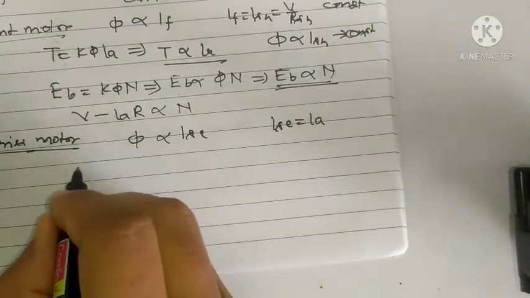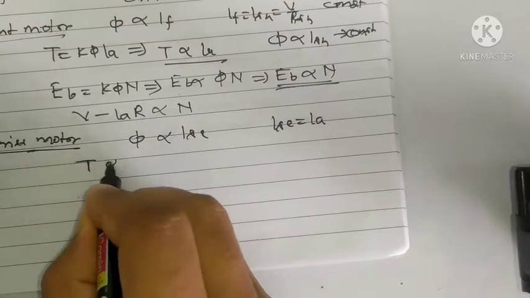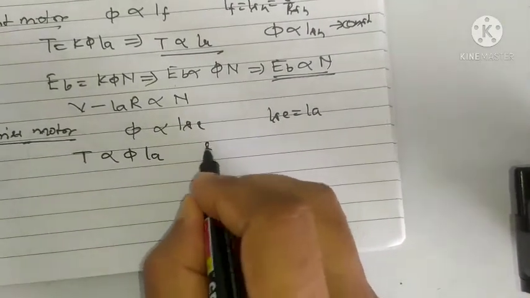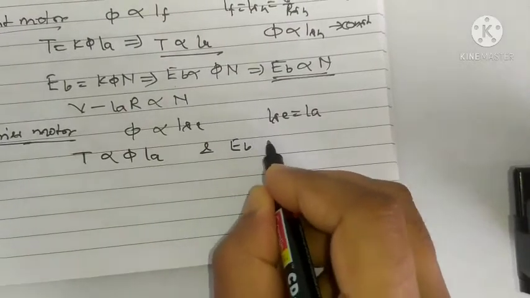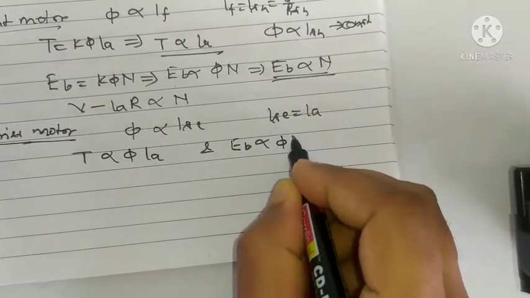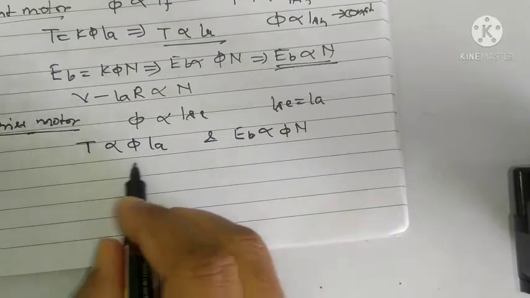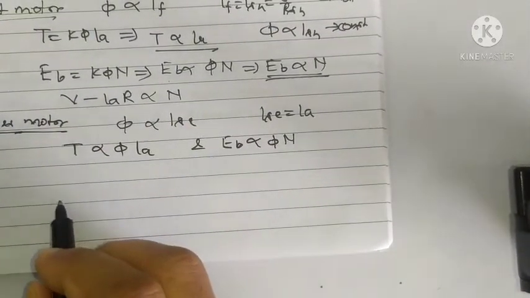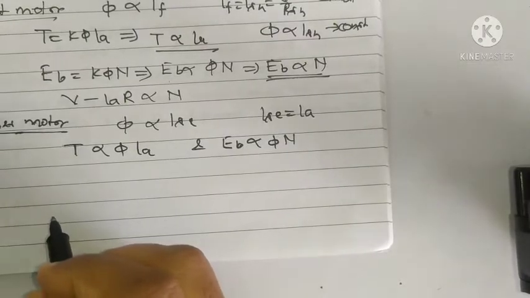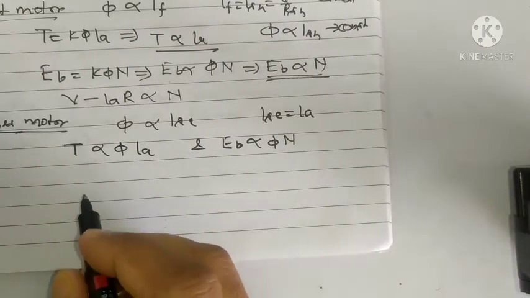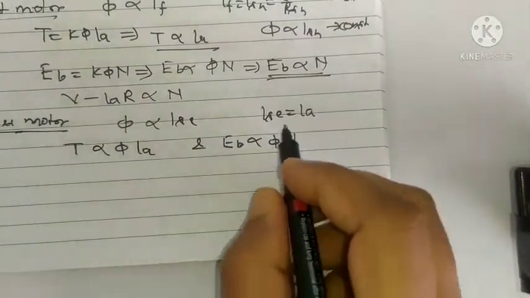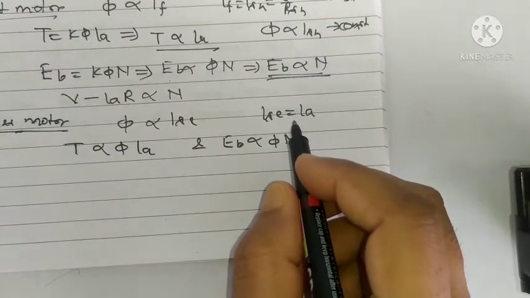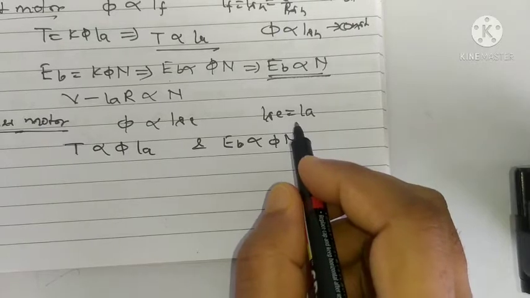So as torque can be written as directly proportional to phi Ia and EB directly proportional to phi n, we need to see how to replace phi. In a shunt motor, phi was constant because field current was not changing at constant voltage. But here phi depends on armature current, and armature current will be variable, it changes with change in load.